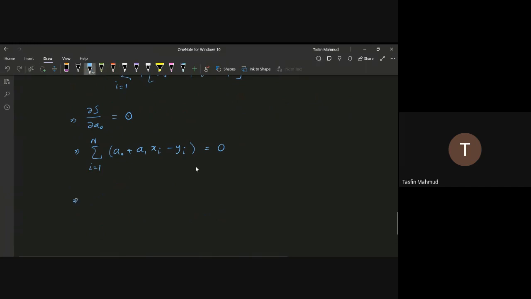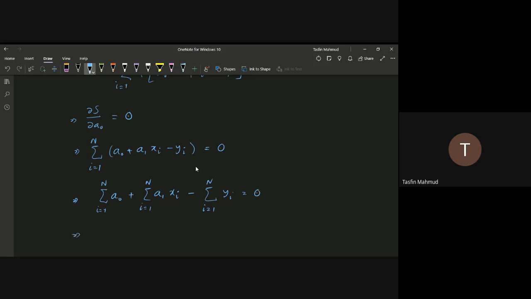We can write that, we are actually distributing the summation over all the terms. So we can write the summation of a naught plus the summation of a1 xi, i equals 1 to n, minus the summation of i equals 1 to n of yi equals 0.